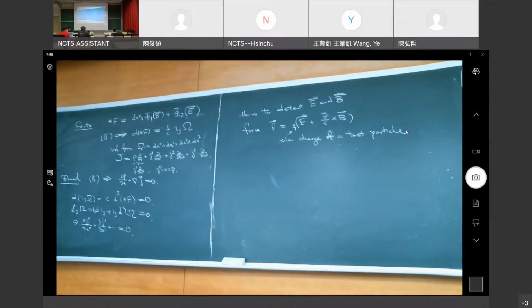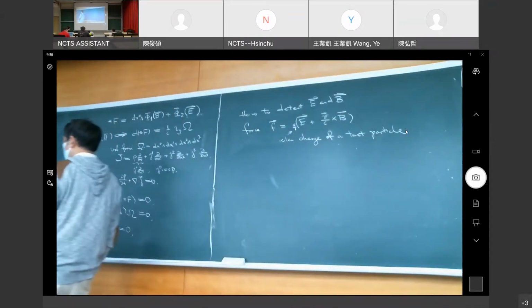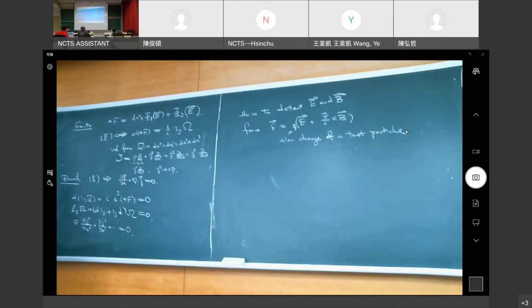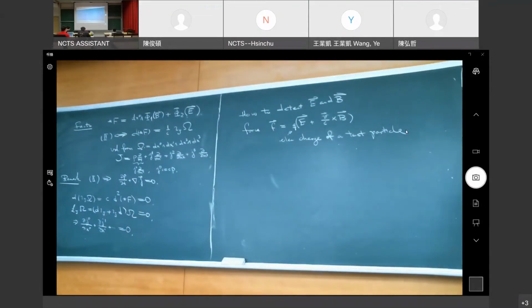We have a two-form on the four-dimensional space. In this four-dimensional space, we have already chosen coordinates. How do we know that this two-form is independent of our choice of coordinate? Maybe it depends on our choice of coordinate, and then this two-form is not so useful, although it summarizes the mathematical equations nicely.